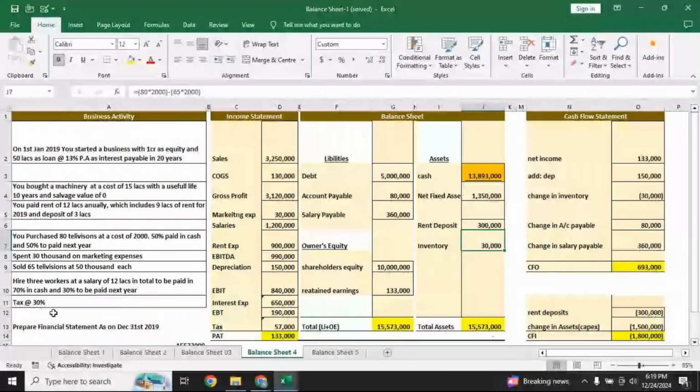If you people have solved balance sheet 2 and 3 in sheet 3, then try solving balance sheet 4. Try it, and later I will solve it and show.